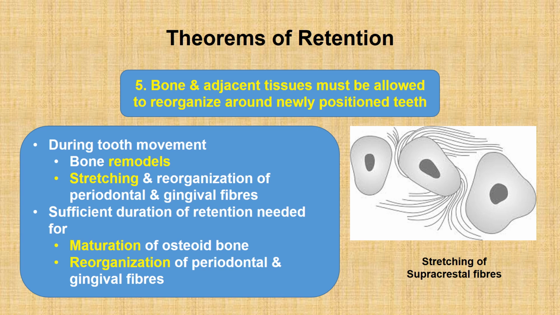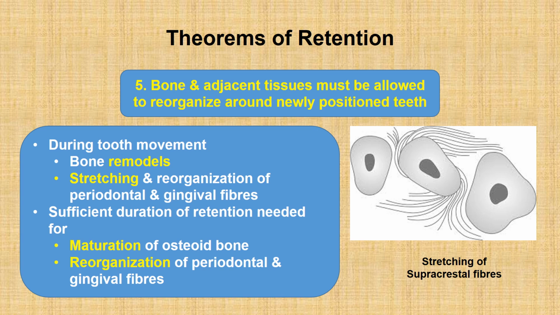Okay, now bone and adjacent tissues must be allowed to reorganize around newly positioned teeth. Now, during tooth movement, the bone remodels. There are areas of resorption and areas of bone deposition. Now, stretching and reorganization of the periodontal fibers is also taking place, as for example in this situation with the derotation some of the fibers will be stretched.